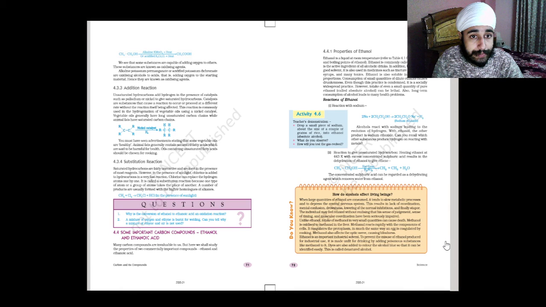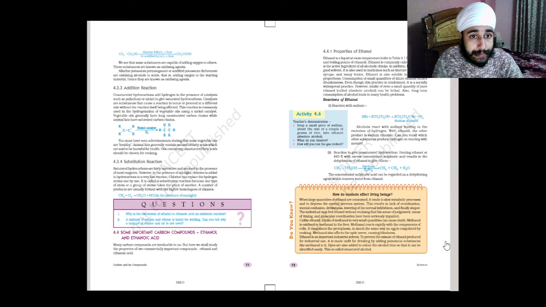The melting point of pure ethanoic acid is 290 Kelvin, and hence it often freezes during winter in cold climates. So it gives rise to the name glacial acetic acid.